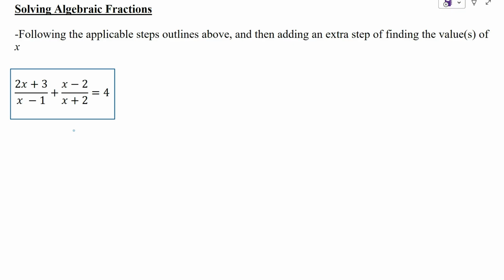So if we look at this question, for example, we can see that we are adding fractions. So again, we don't have a common denominator. So first step is to cross multiply to get a common denominator.